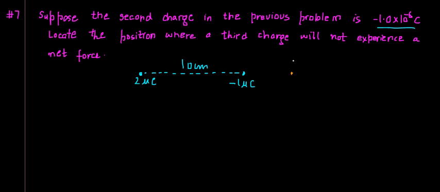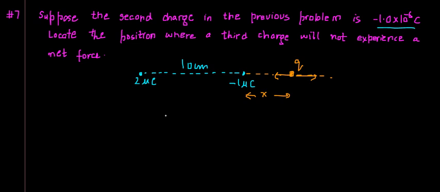Let us suppose that on the line we place this third charge Q here, at a distance x from the minus 1 microcoulomb charge. The net force acting on this should be 0. That means the force exerted by the +2 microcoulomb charge in this direction should cancel the force exerted by the -1 microcoulomb charge. Let us write these two force equations.